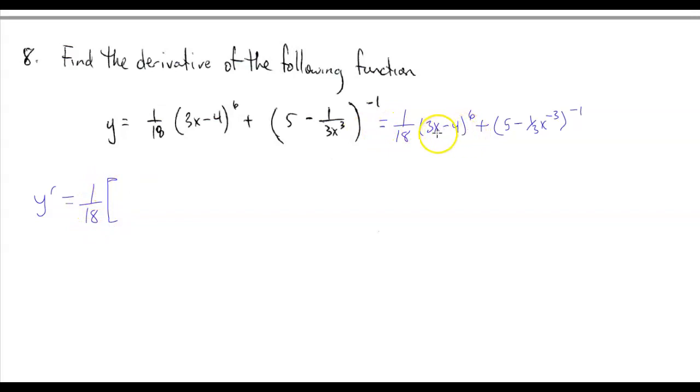And here we see that we have a composition function, so we would use the chain rule. Chain rule says take the derivative of blah raised to the 6, which would be 6 times blah raised to the 5, and then we multiply that times the derivative of blah with respect to x. And of course, blah in this case is 3x minus 4.